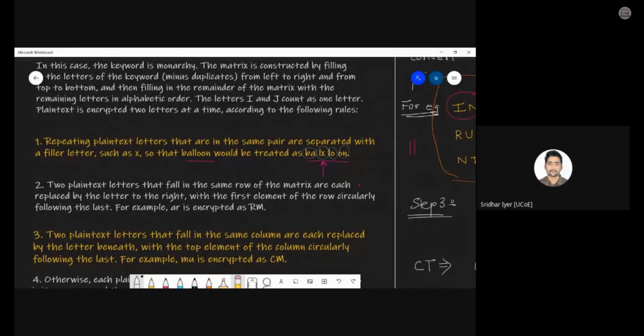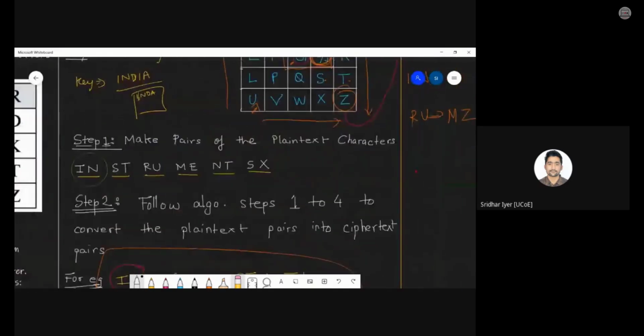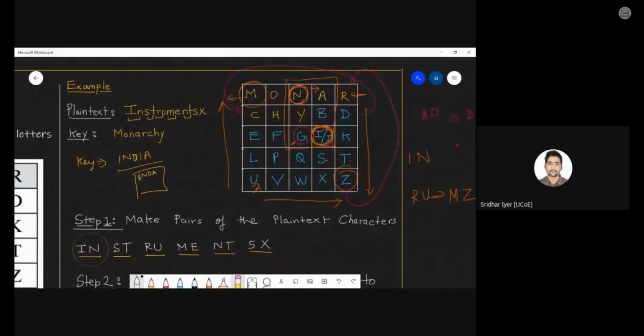Is it clear? Secondly, the second rule is that if both of the characters are in the same row, then we replace those with the characters present immediately to the right of them. If it is the last character, then it simply cyclically rotates around the particular row. Am I clear? Same thing we saw with the columns.